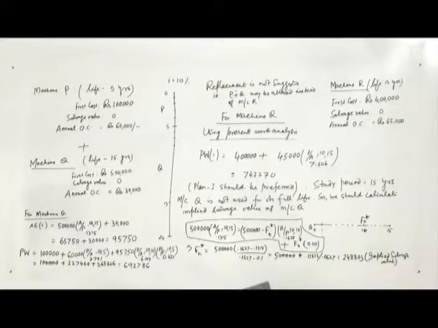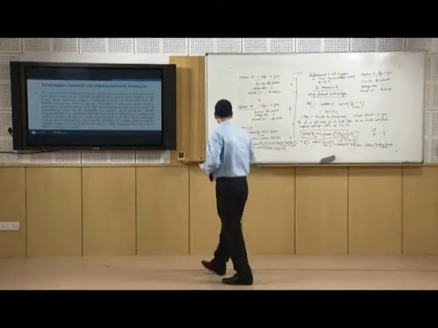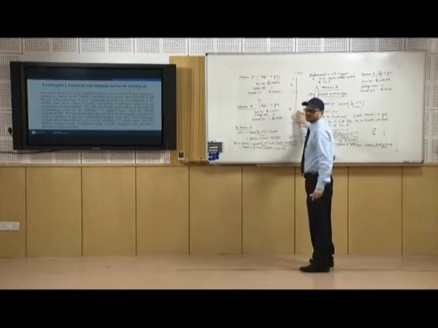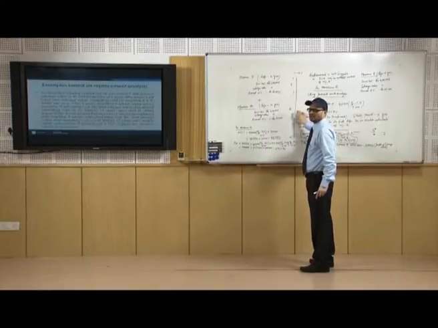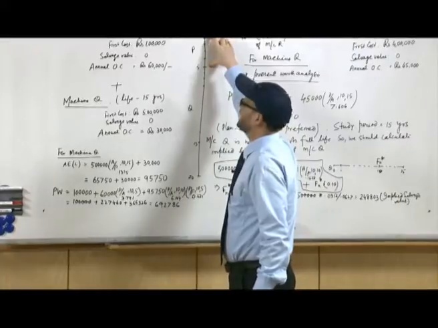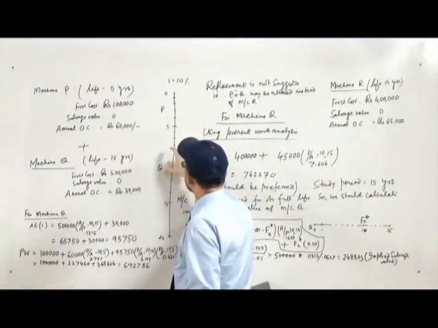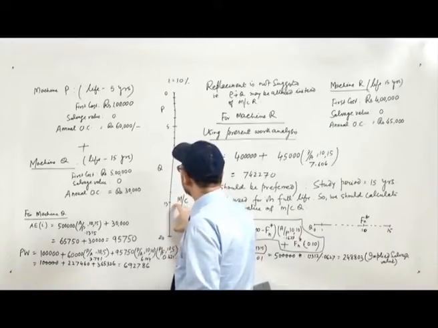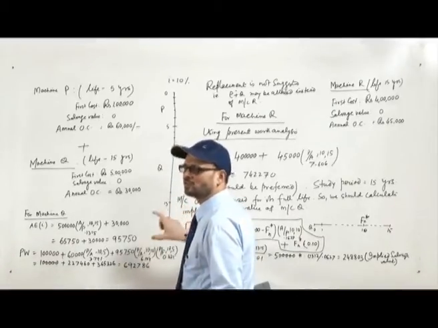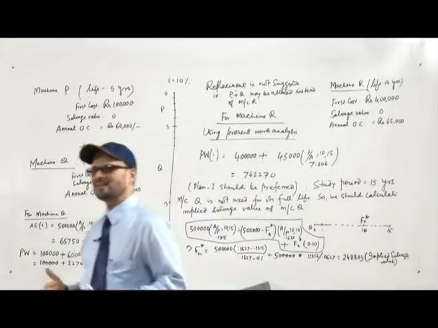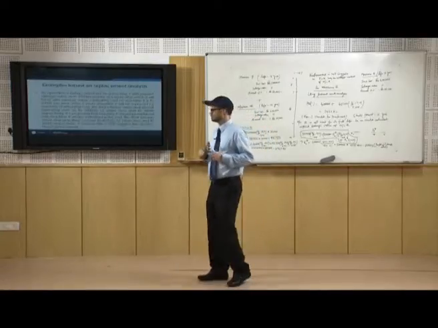Now, there is another way this question can be solved. What we have seen is we have taken the 15 years. Among that 15 years, you have the full life of P as 5 years plus 10 years of life of Q, and 5 years of life of Q is not taken into account, whereas on the other side machine R has 15 years.